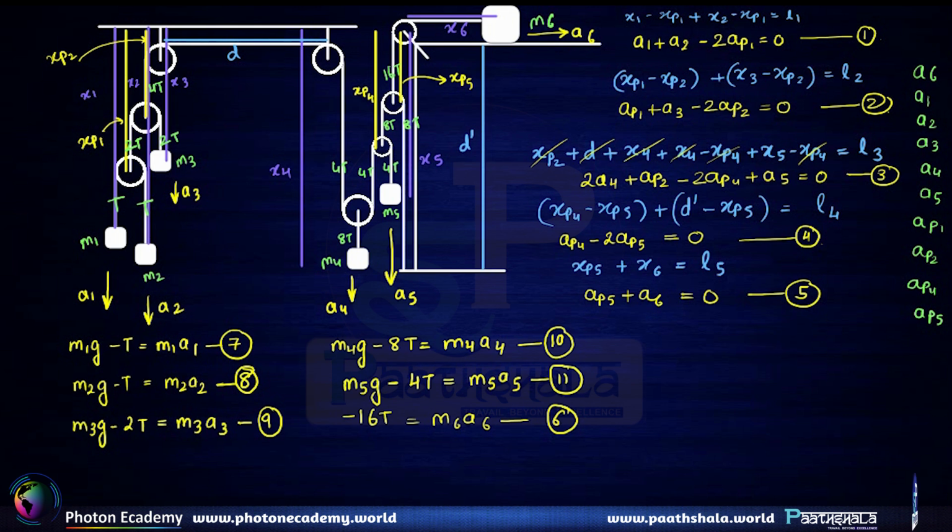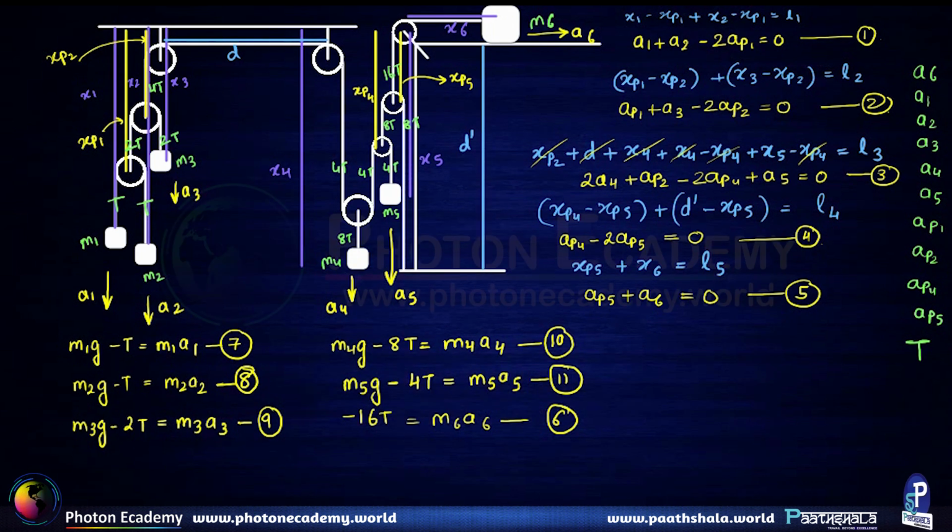So basically you have a set of 10 unknowns, A1 to A6 and AP1, AP2, AP4 and AP5, and then we have tension T as the last unknown. So you have 11 equations and 11 unknowns. Solving these 11 equations, you can get the value of all the unknowns and solve this system. So this was a pretty interesting problem to deal with.